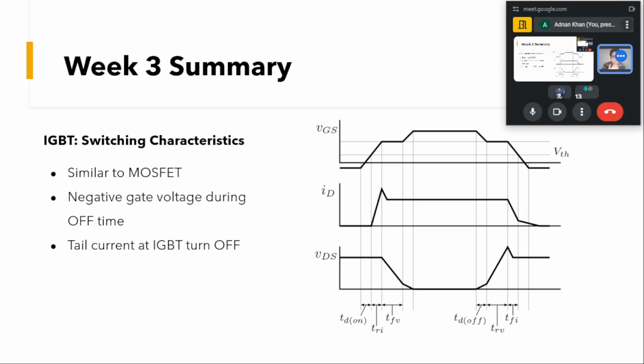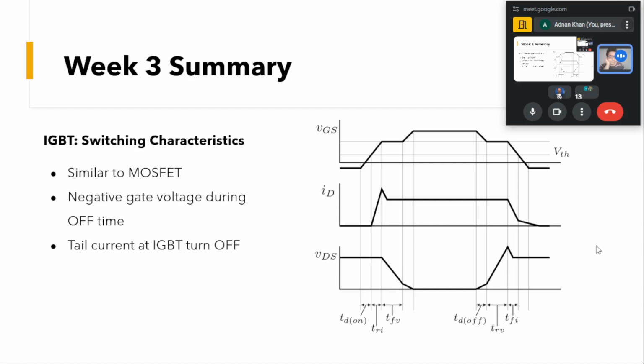So compared to the MOSFET, what is negative here is that after this current begins to decrease, because of the minority charge carriers, we have to get rid of those minority charge carriers. If you go into the physics of it, there will be some trailing current here. This was not in the turn off of the MOSFETs, because the MOSFET was a majority carrier device, whereas here, due to the device physics, the conducting carriers are the minority carriers.